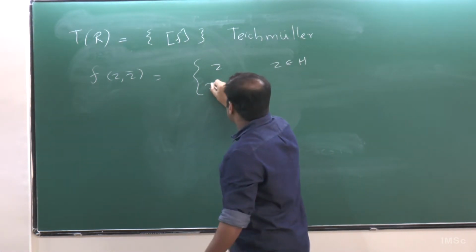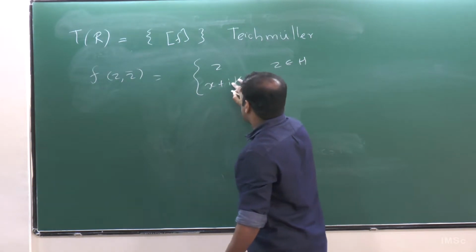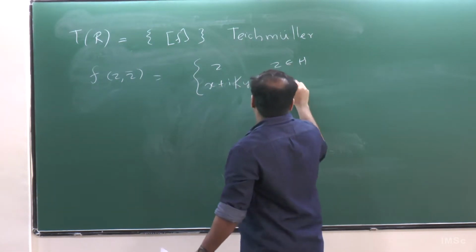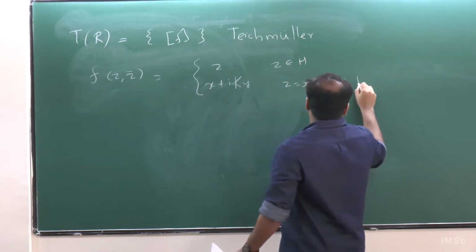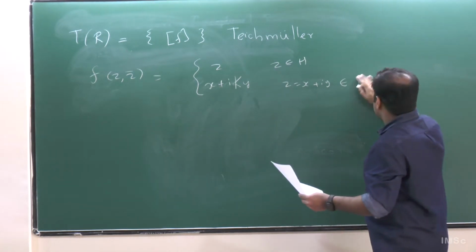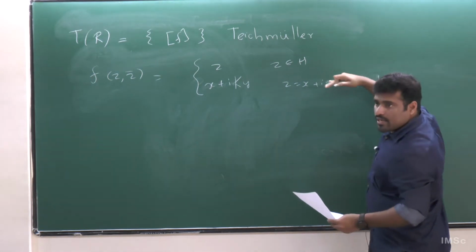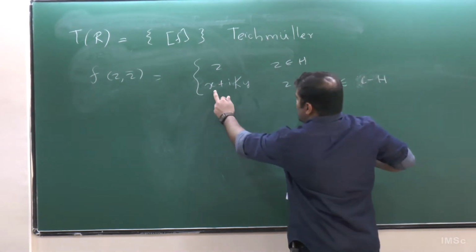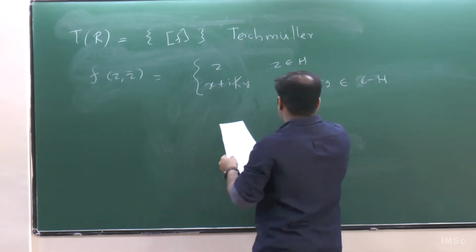And on the lower half plane, we perform the transformation x + iKy, where x + iy belongs to the lower half plane, H star, plus the real line, or C minus H, where K is greater than 1.